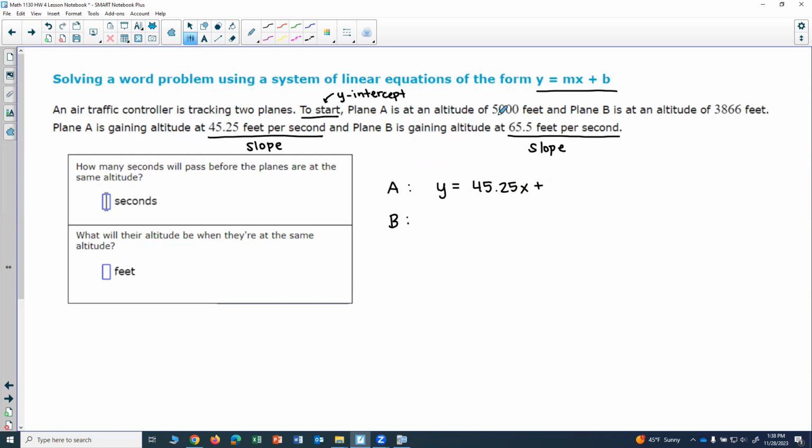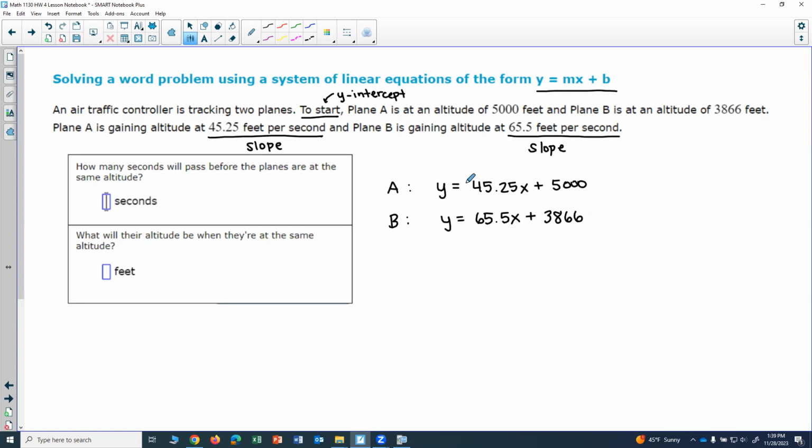Plane A started at 5,000 feet, so I'll have plus 5,000. For plane B, the slope is 65.5, so I'll have 65.5x. And plane B started at 3,866.